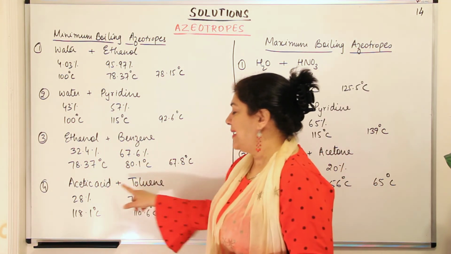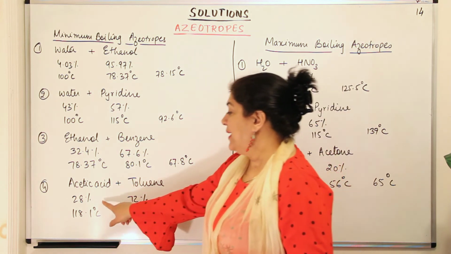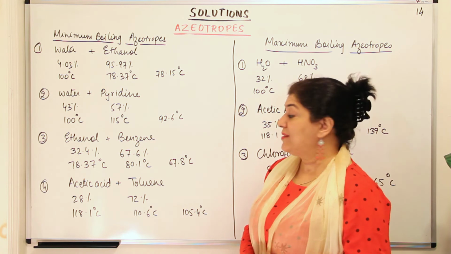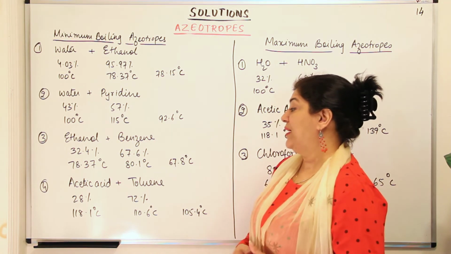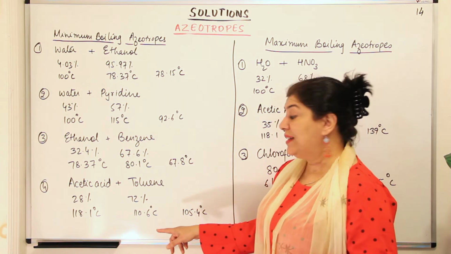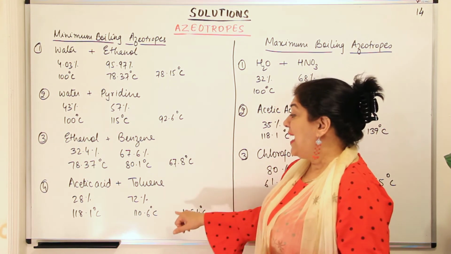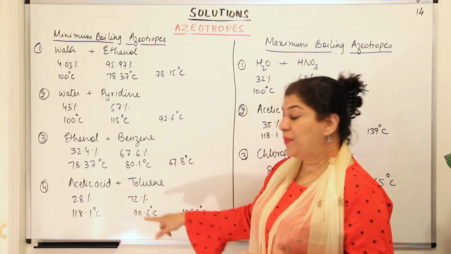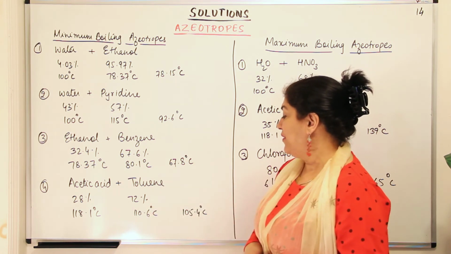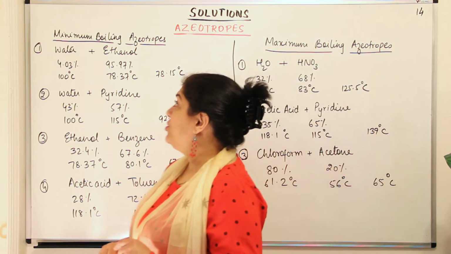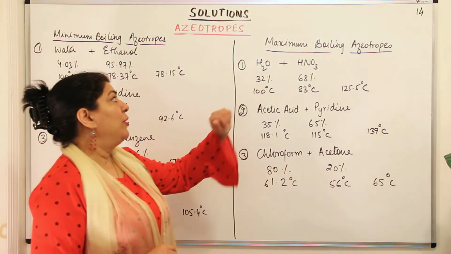The fourth example is acetic acid and toluene. 28% acetic acid and 72% toluene act as a minimum boiling azeotrope, where the boiling point of acetic acid is 118.1 degrees Celsius, toluene is 110.6 degrees Celsius, and the azeotropic mixture has a boiling point of 105.4 degrees Celsius.